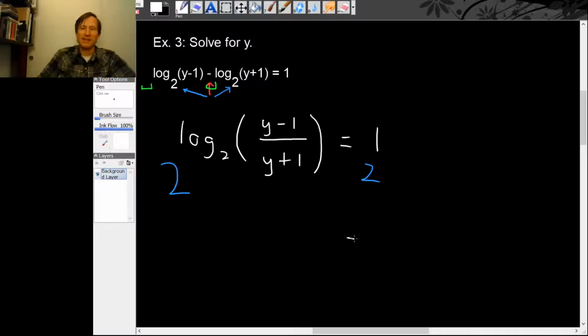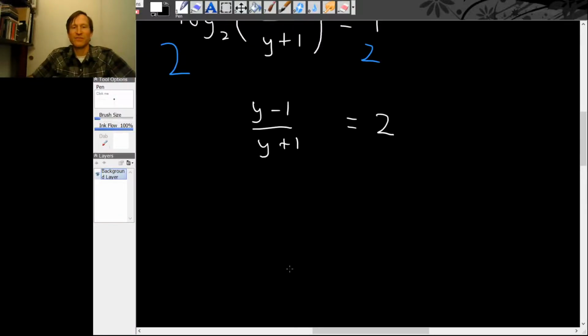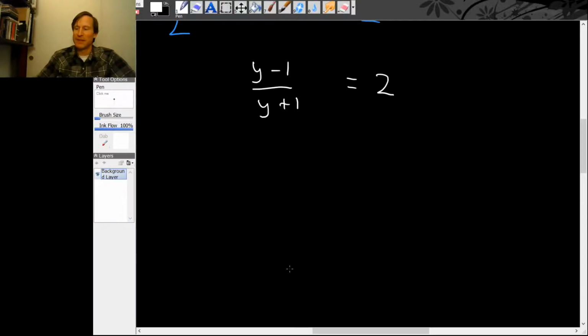So on the right-hand side, 2 to the first power, that's 2. And on the left-hand side, the log and the exponential undo each other. And we get y minus 1 over y plus 1. All right, so now we just need to finish solving this equation. This equation is sort of a classic case of linear over linear. We can solve this equation first by clearing the denominator.